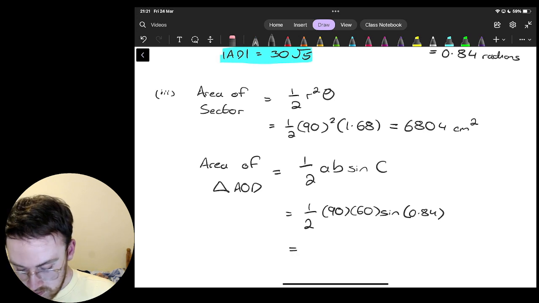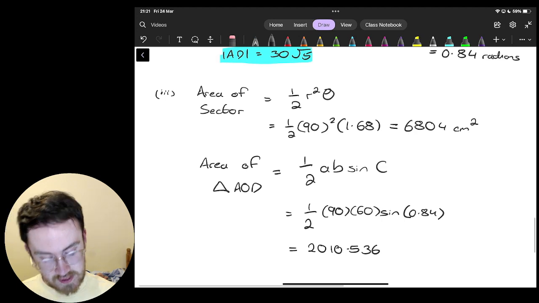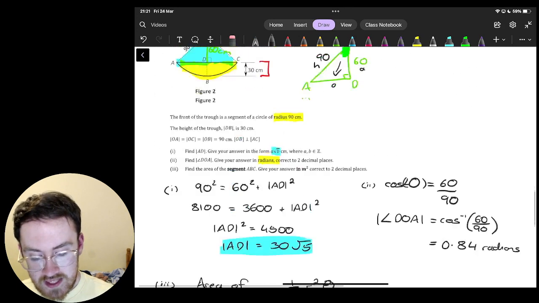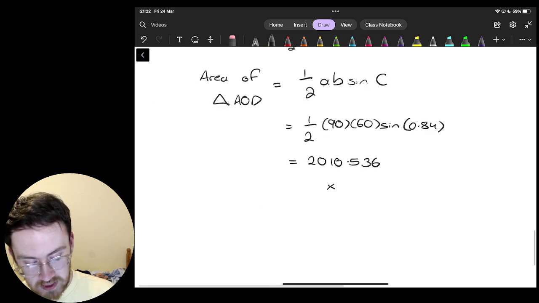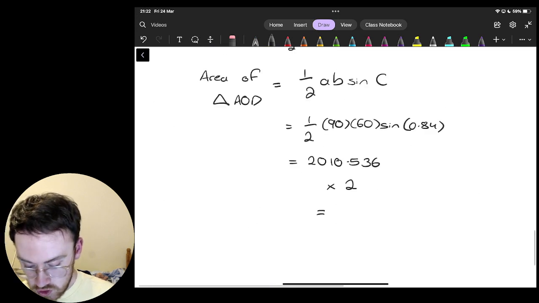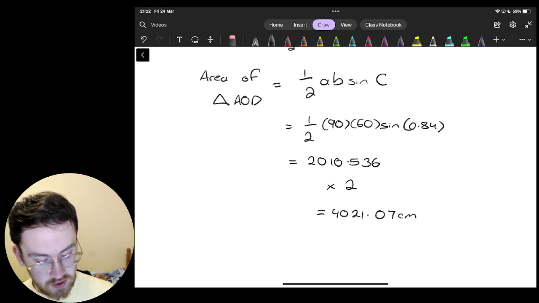Working that all out, we can type that into our calculator, and we get a value of 2010.536. Okay, that obviously is only half of the full blue triangle, so I need to multiply that by 2 to get the whole triangle, and that gives me a value of 4021.07 centimeters squared.